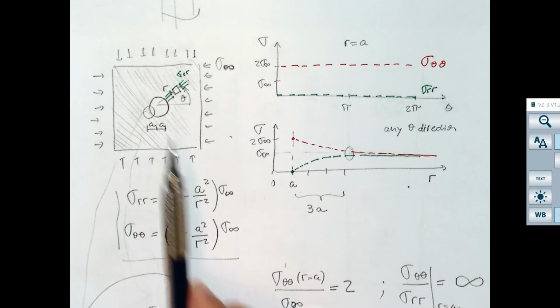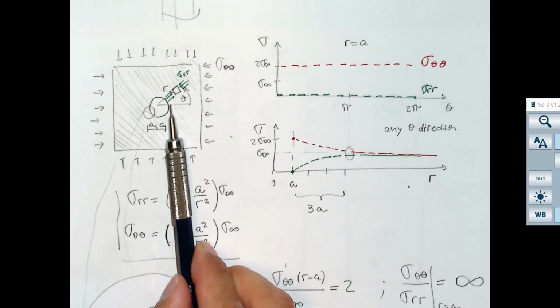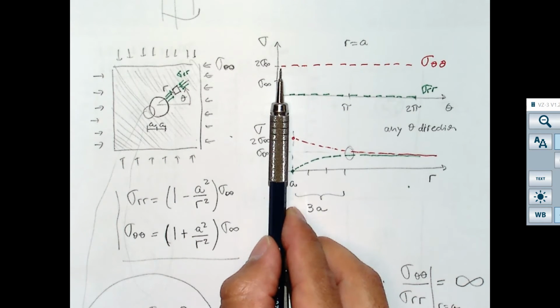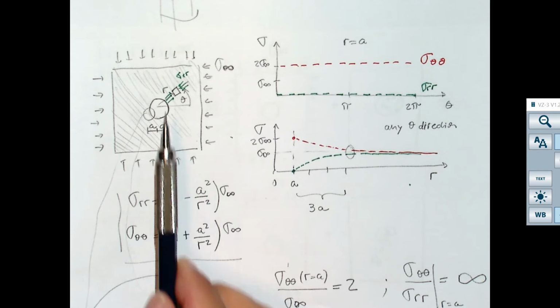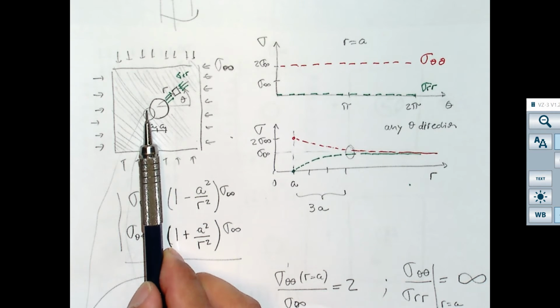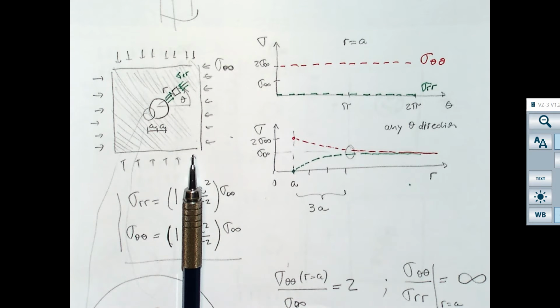One, the radial stress is going to be 0 all around the wellbore, and second, the hoop stress is going to amplify 2 times when you get to the wall of the wellbore. So that means that wherever you are, there's going to be a compression stress circumferential around the wellbore that's going to be 2 times what you had in the far field.